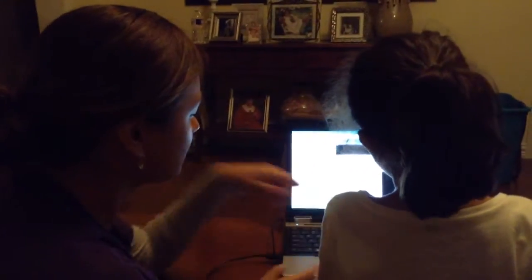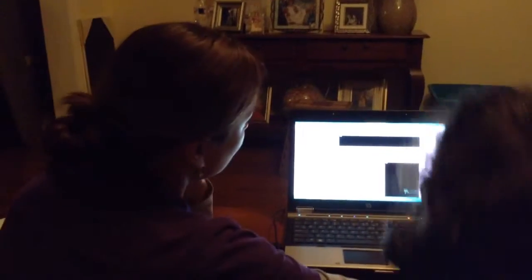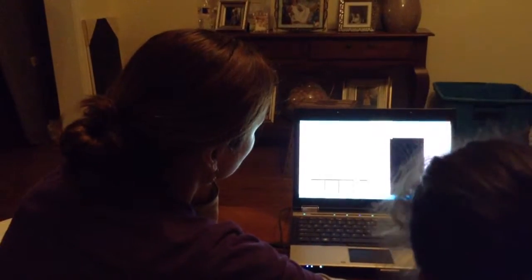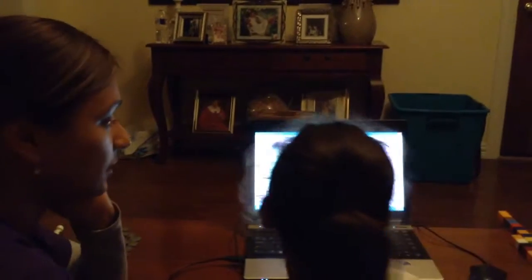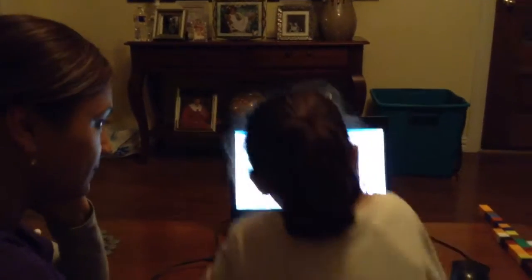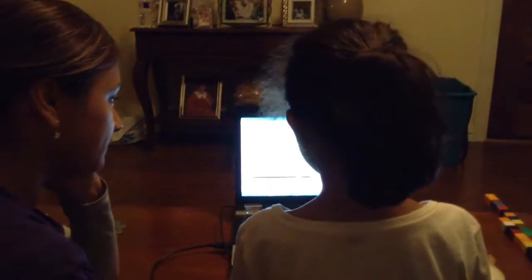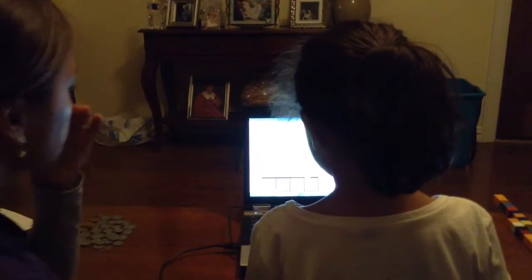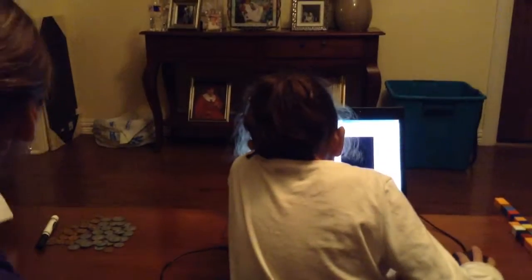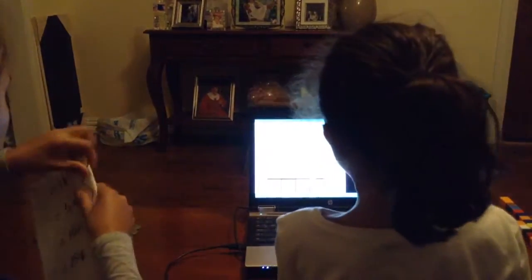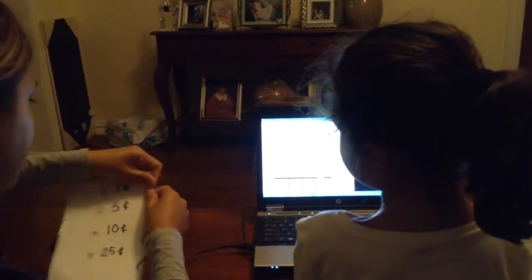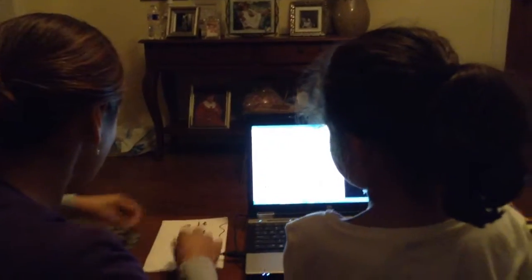Okay, so how much is the duck worth? 25 cents. It costs 25 cents. So, which one are you going to click on? I'm going to put our little chart up so it can remind you of what each one is worth.